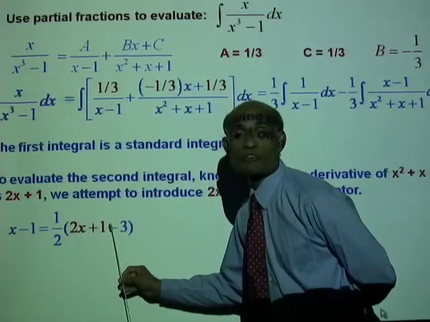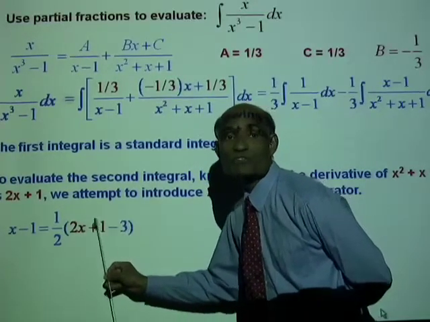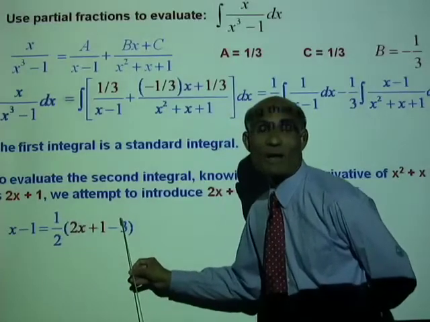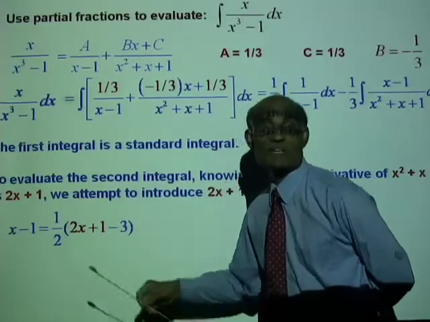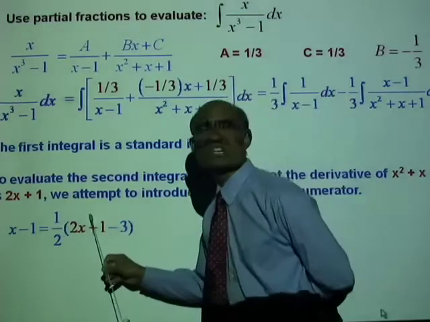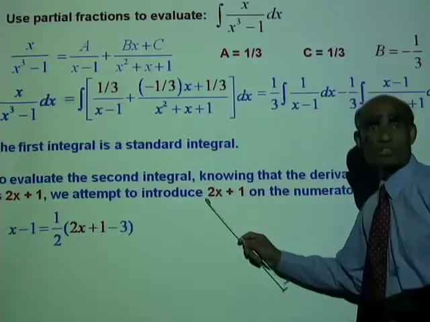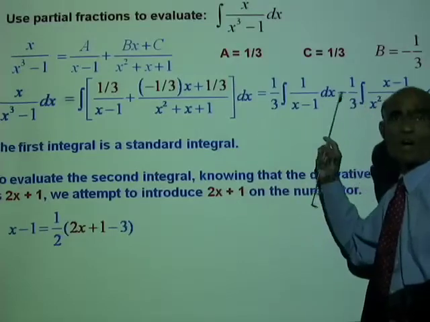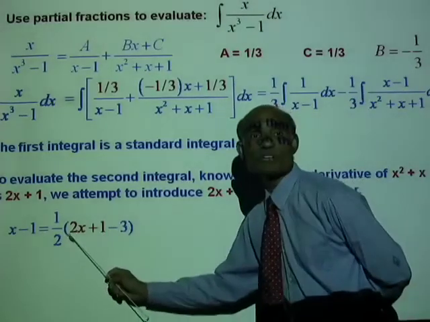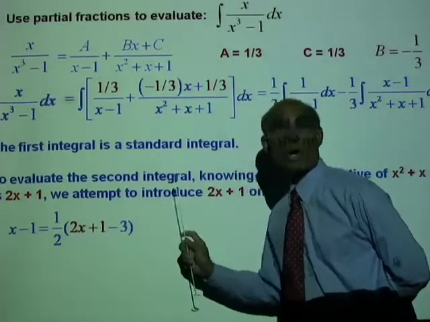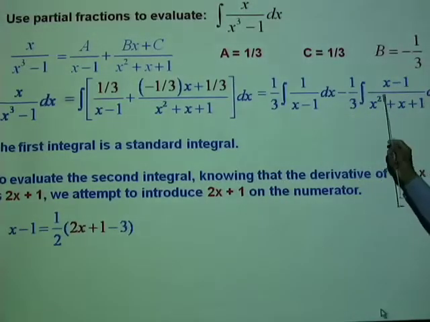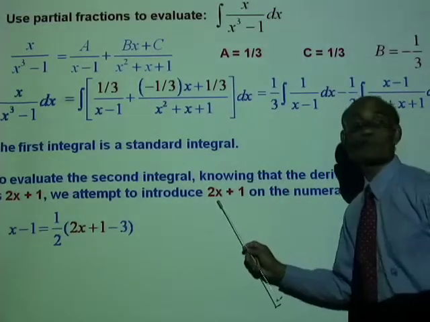Well, you can see plus 1 minus 3 is minus 2. So 2x minus 2 is 2 times x minus 1, and the 2 will cancel. So look at the ingenious way that we are going to introduce the quantity 2x plus 1 on the numerator. Why are we doing this? Because the derivative of the denominator is 2x plus 1.